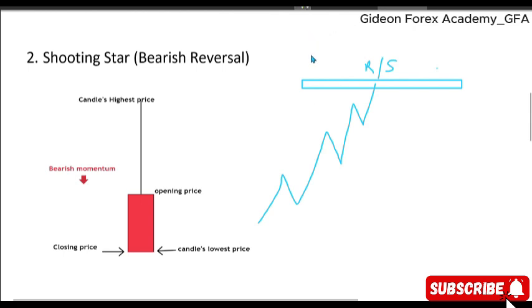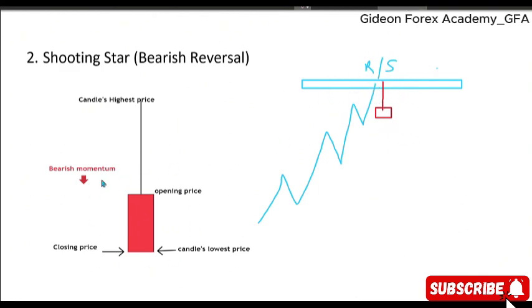But when you see a shooting star forming at resistance like this, now this shooting star indicates more selling pressure, that sellers are coming into the market with more orders to sell. All right, and those who had bought this particular asset are also exiting their orders because they anticipate the price to drop even further.